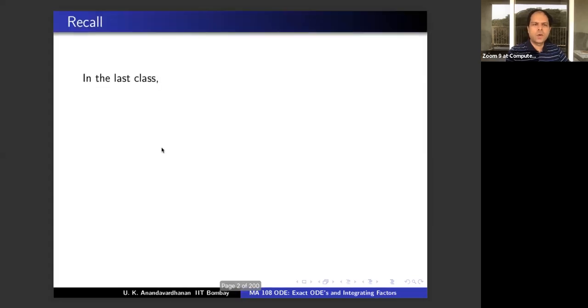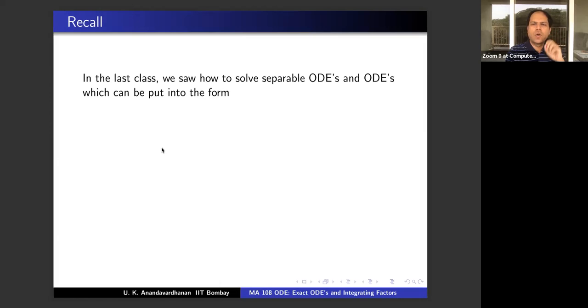Let's start. So once more, let me formally recall. In the last class, we saw how to solve separable ODEs. Separable was what? M(x,y) is a function of x alone, and N(x,y) is a function of y alone. Both variables don't come together. That was separable. And also ODEs which can be put into separable form, homogeneous, into this form y' equal to f(y/x).